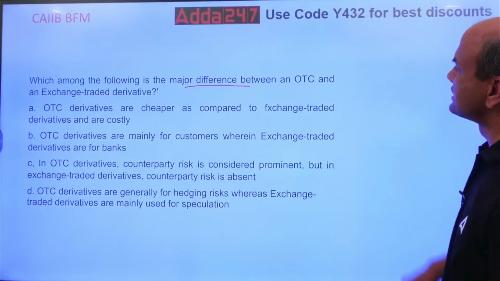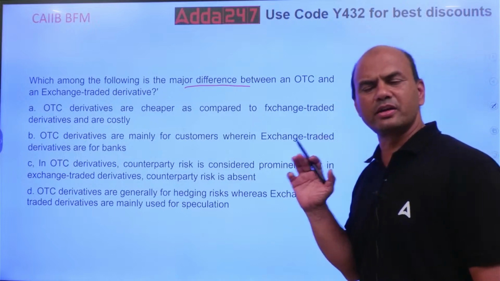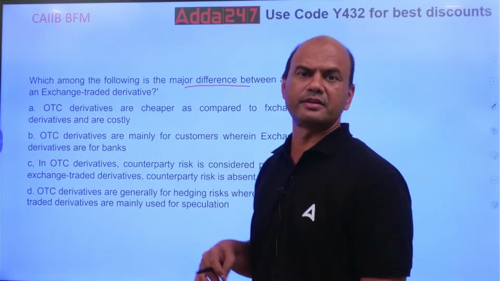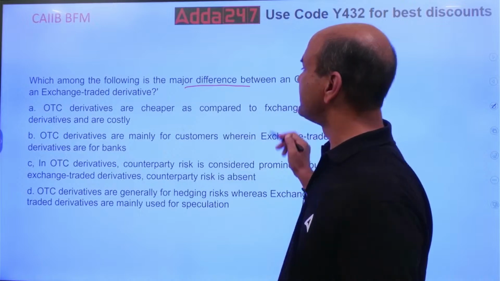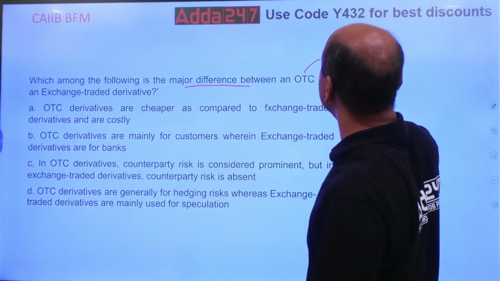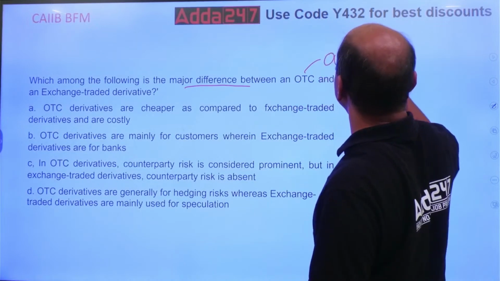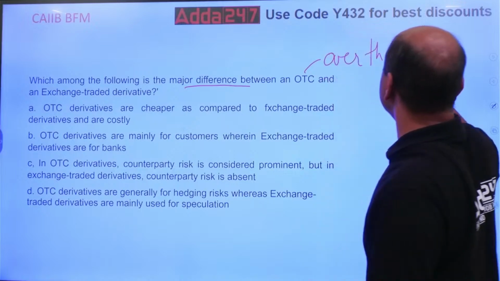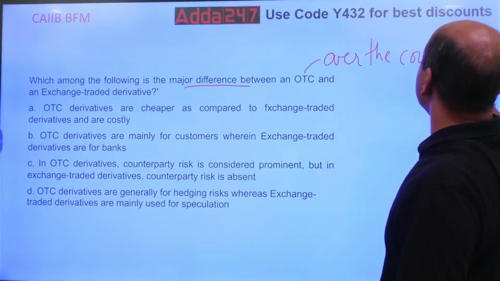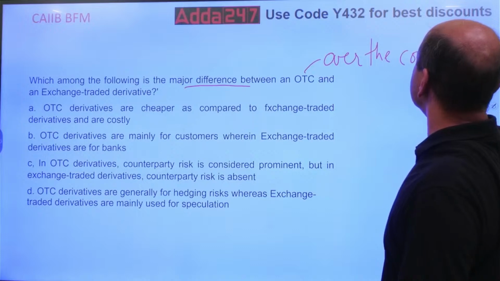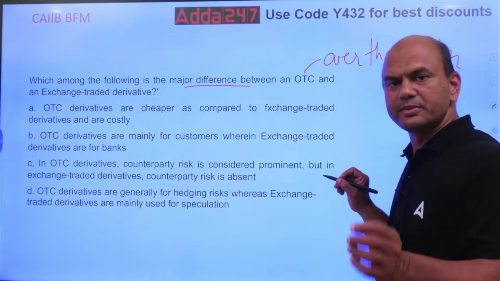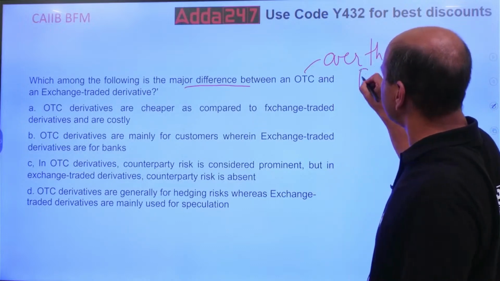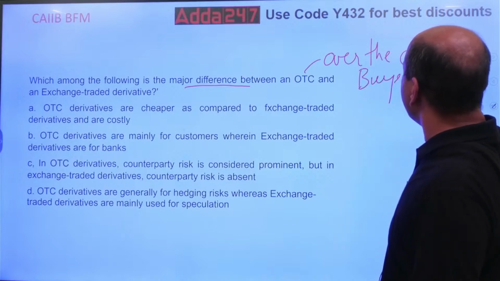What is the OTC? I think I have taken this topic once earlier. OTC means over the counter. It is between the bank and the customer. Only two parties are there. In OTC products, there are only two parties, buyer and seller.